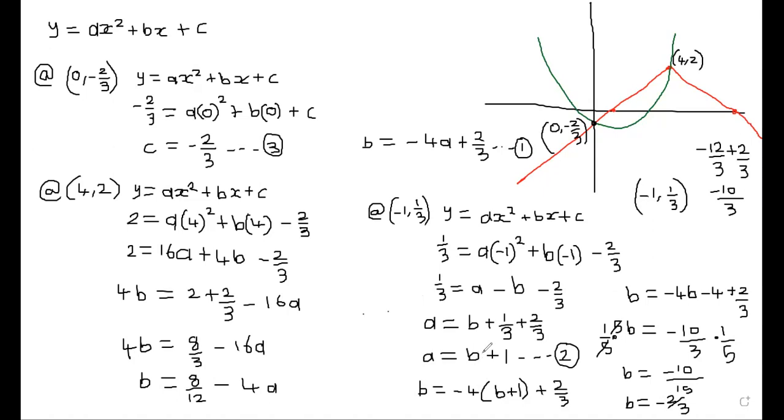Let's take it and plug it in here in equation number 2 so that we can find the exact value of a, right? Okay, so I'm going to write it here. Up here we have a is equal to b. What is the value of b? Is negative 2 over 3 plus 1, okay? Plus 1.